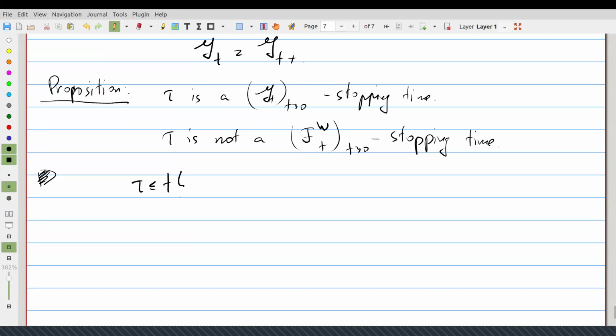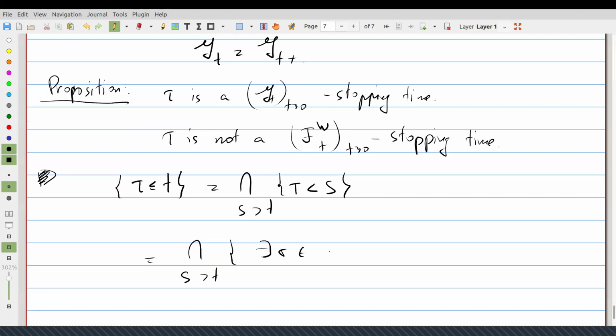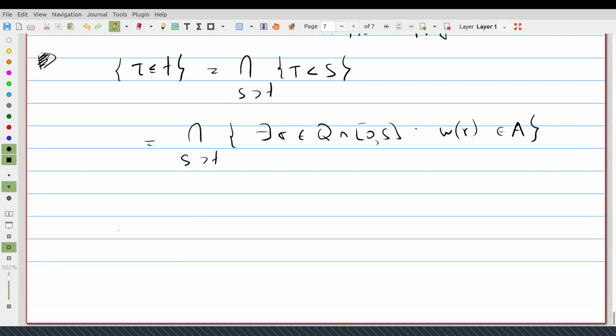So tau less than t can be written as such an intersection, again with the same trick that we switch to rationals. This should be a moment of hesitation. And I will leave this as an exercise if you think this is not evident.